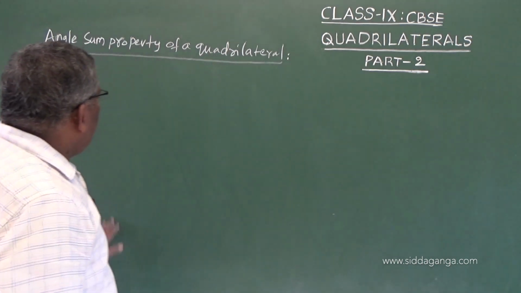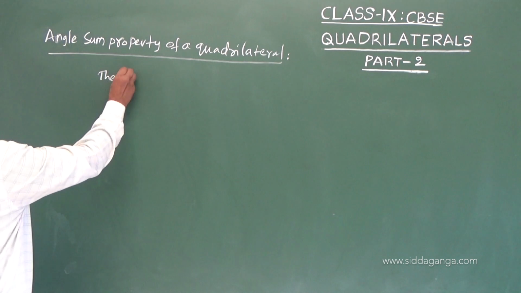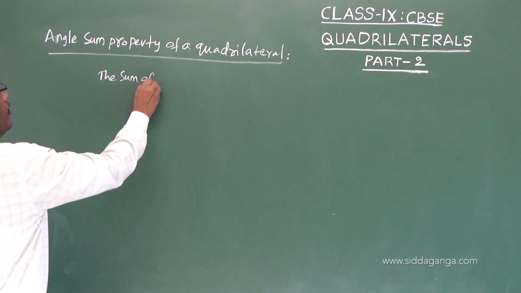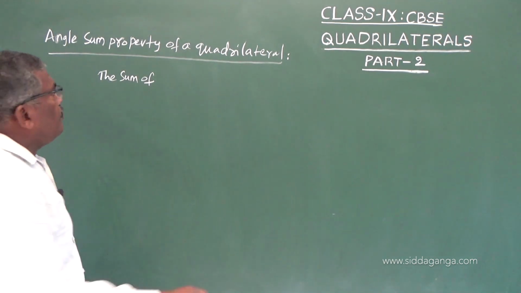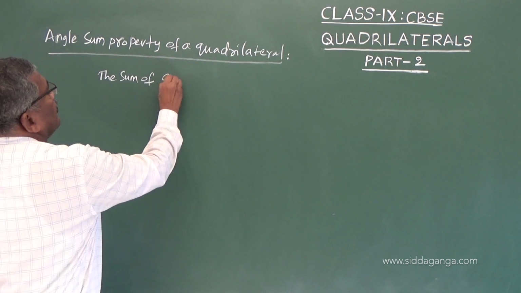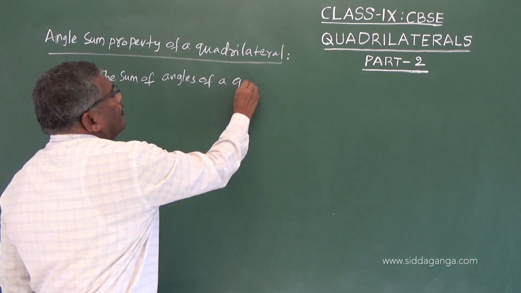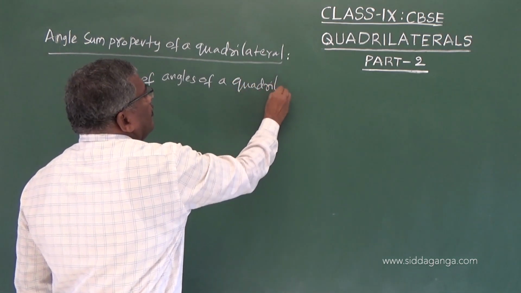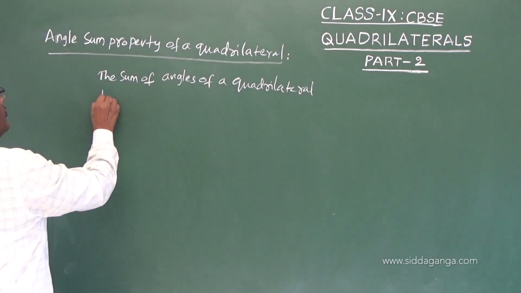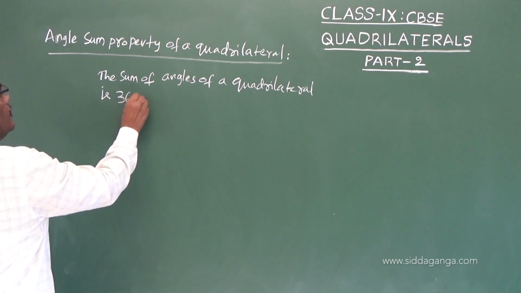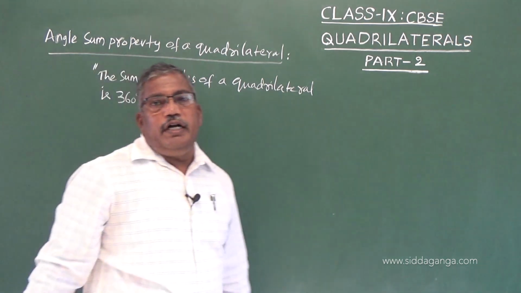Whereas in a quadrilateral, as we have just discussed, the sum of angles of a quadrilateral is 360 degree. So this is known as the angle sum property of the quadrilateral.